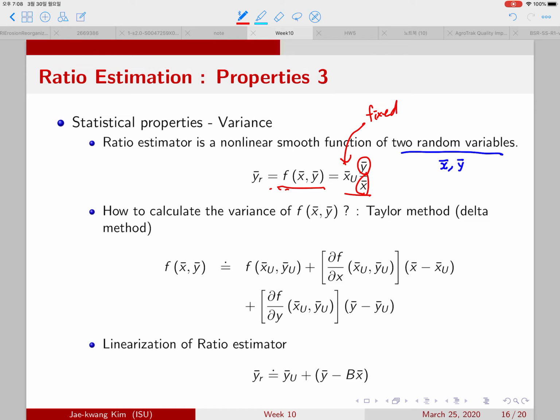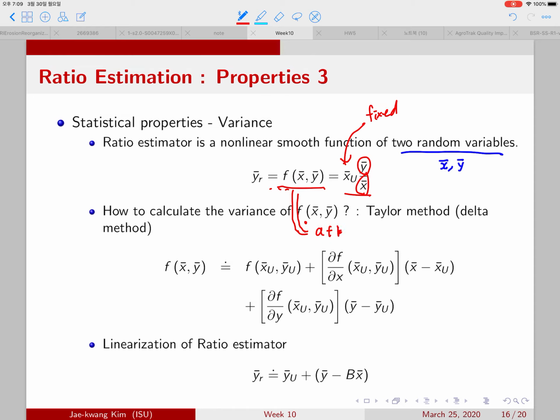And then the idea is, in general, we cannot compute the exact variance of this nonlinear estimator. However, we can obtain an approximate variance by applying a linearization method. So what do we mean by linearizing? Linearizing means that we can approximate it as a linear function.